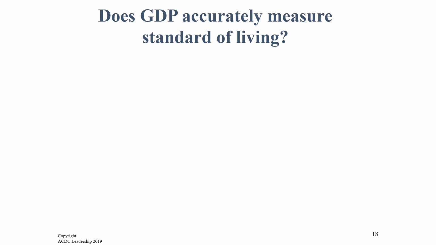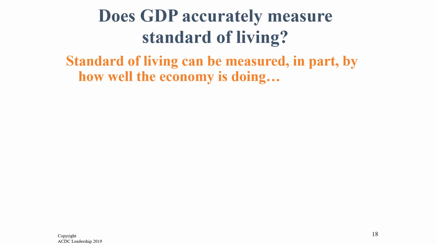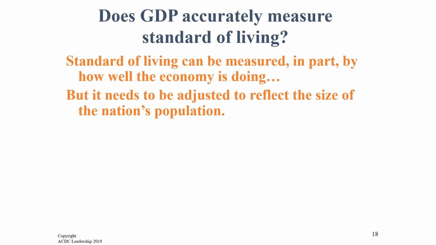Okay, does GDP accurately measure the standard of living? Well, not really. So the standard of living can be measured in part by how well the economy is doing, but it doesn't consider everything, okay? But it also needs to be adjusted because the size of the nation's population will impact their standard of living.